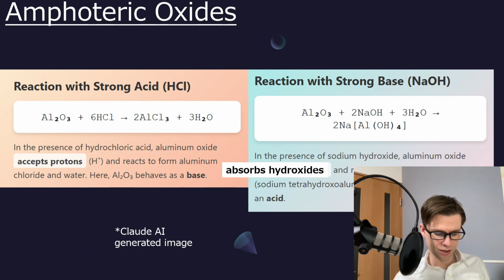So let's consider aluminum oxide, Al2O3, placed in 2 different solutions. If it's placed in an acidic solution with something like hydrochloric acid, HCl, it will exchange its oxygens with chlorines to make AlCl3, and those oxygens will mix with the H's from HCl to make H2O.